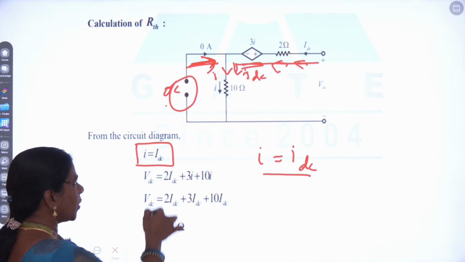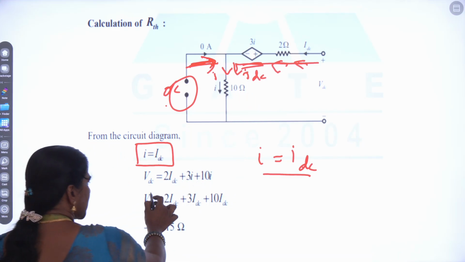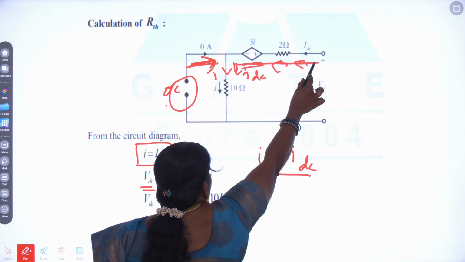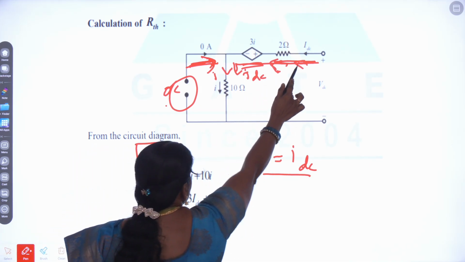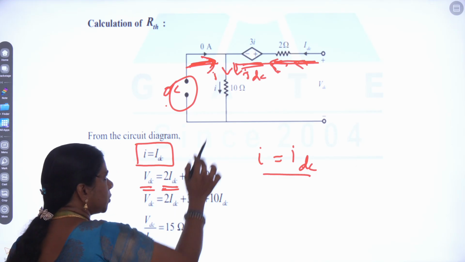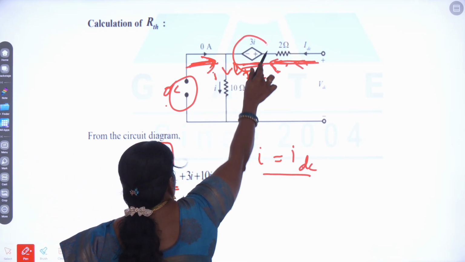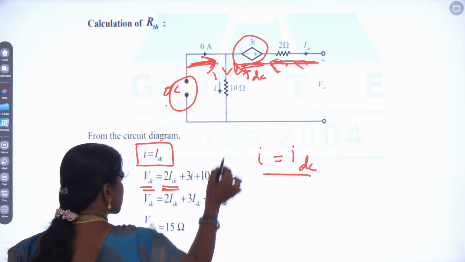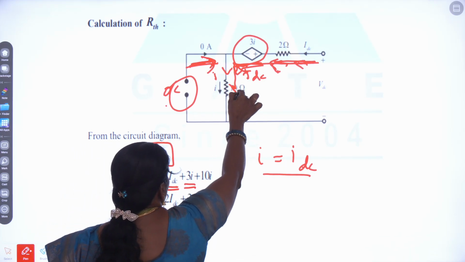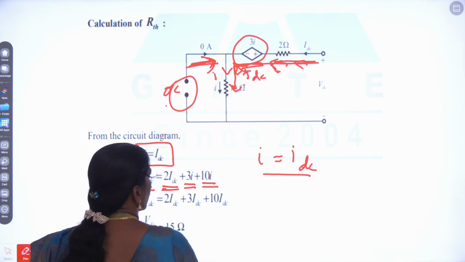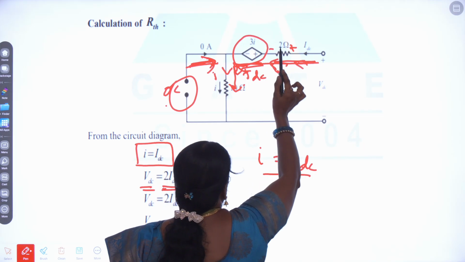Now we can write VDC, the voltage drop across that particular element. The current passing through the 2 ohm is IDC, so the voltage drop across the 2 ohm is 2 into IDC. The voltage drop across the 3I dependent source is 3 into I, and across the 10 ohm is 10 into I. Here IDC is entering, so the entering end will be positive and the leaving end negative.